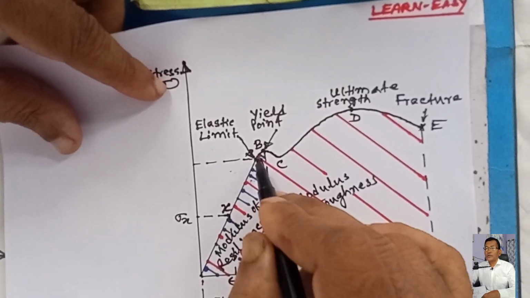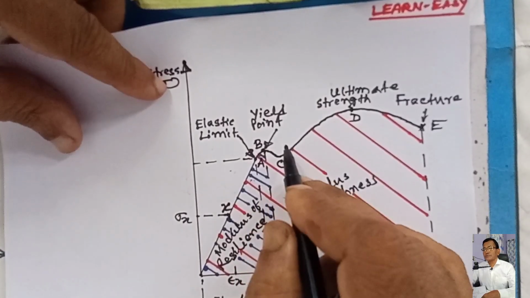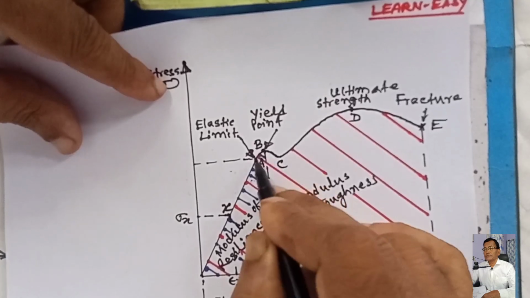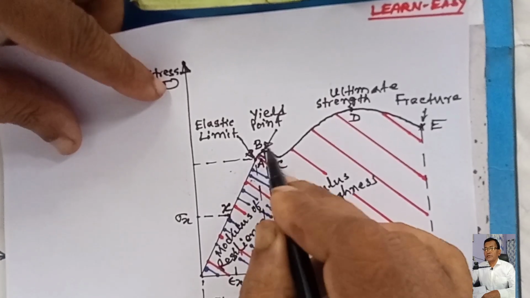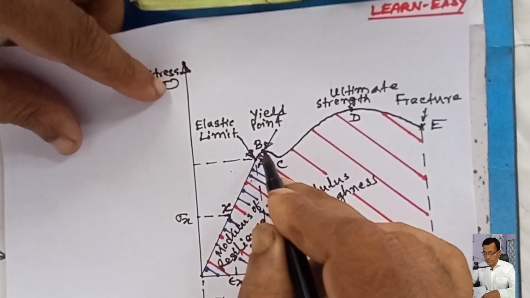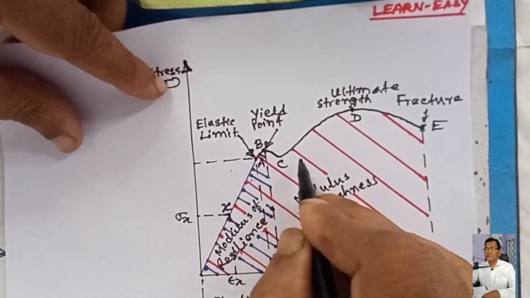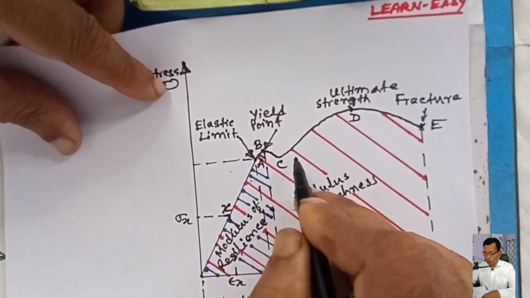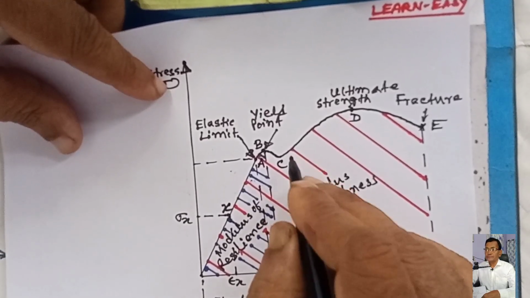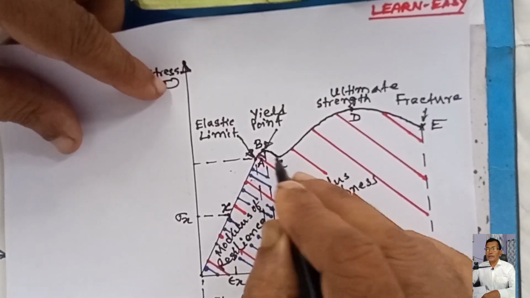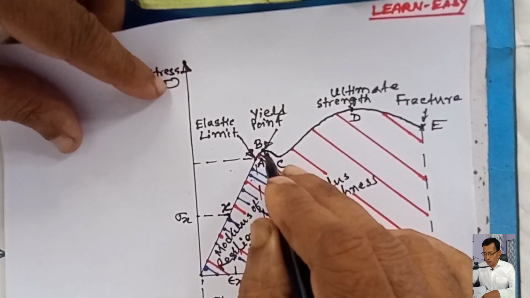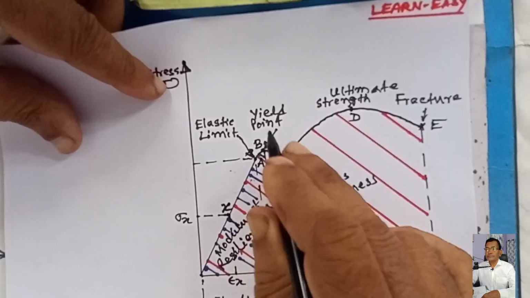After point A, strain increases relatively more than stress, and at point B, strain increases at lower stress. That means the material yields at point B. B is called yield point.